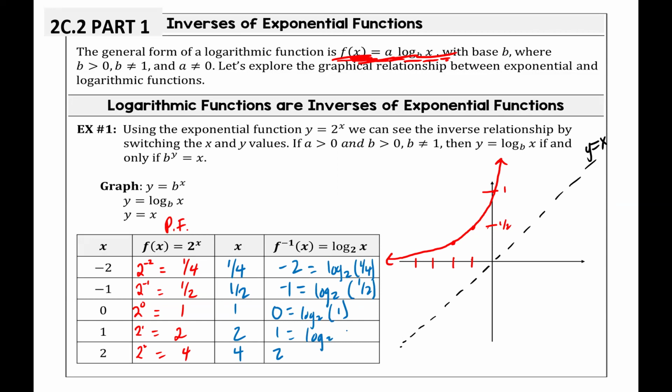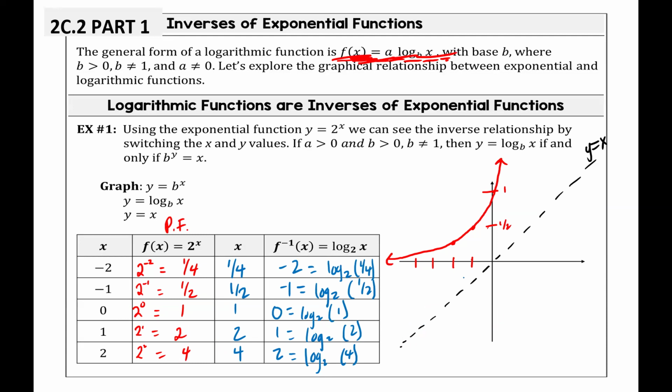The log base 2 of 2 equals 1. And then the log base 2 of 4 is 2. So if I solve something exponentially, then I automatically can know the answer of its log, right?